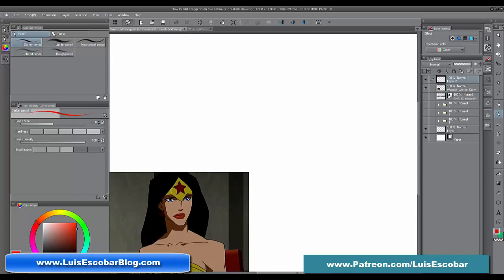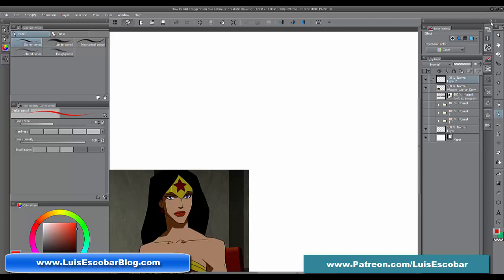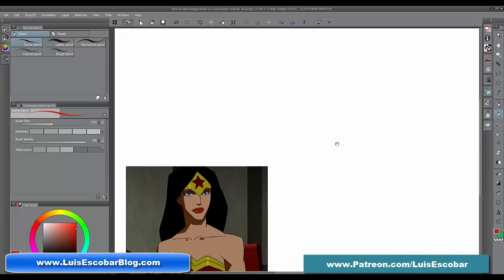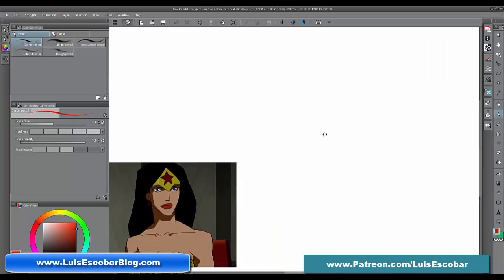So first of all, the very first thing I've got to do, now that I have this model, I know what she's going to generally look like. So what I need to do is come up with an expression that I want. I said surprised expression, so that's what I'm going to do. I know that she has an elongated head. I'm going to have to make it even longer.